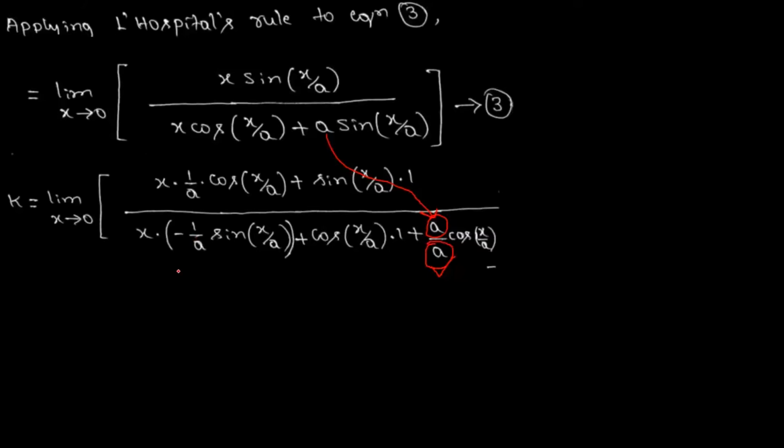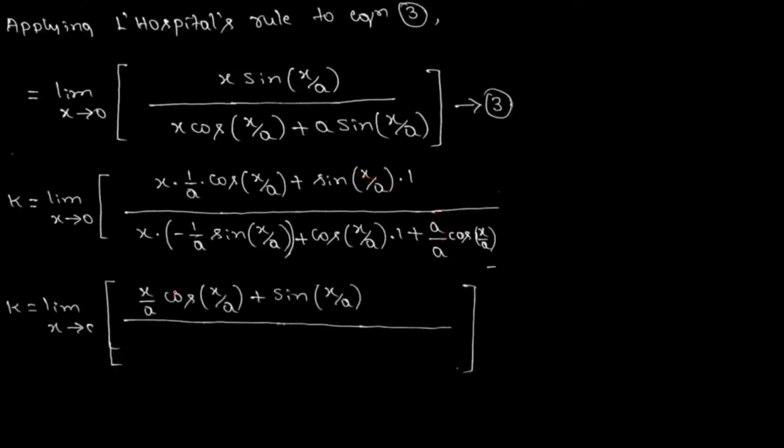Okay, now let us further simplify. The numerator we have taken as it is. So let us simplify the denominator. When we multiply this minus here, it gets minus x into sine of x by a.